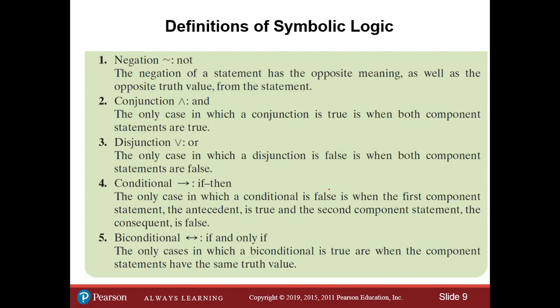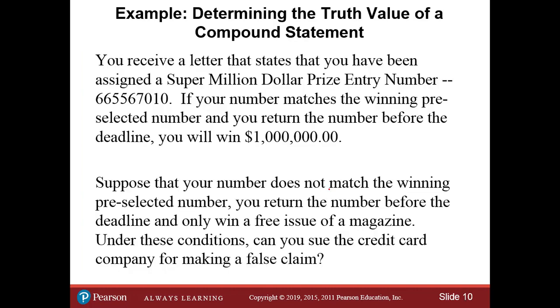The only case when a disjunction is false is when both component statements are false. For conditional statements, which is the arrow, which means if then, or an implication, the only case that a conditional is false is when the first component, the antecedent, is true, and the second component statement, the consequent, is false. And then the biconditional, which means if and only if, that's the double arrow, means it goes both ways. The only case in which the biconditional is true is when both component statements have the same truth value. So either both true or both false.